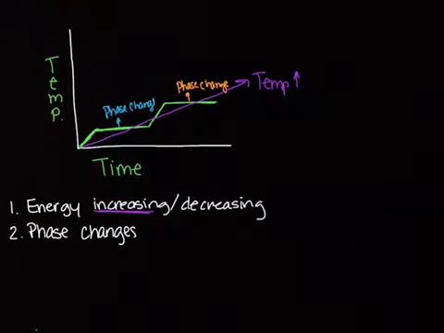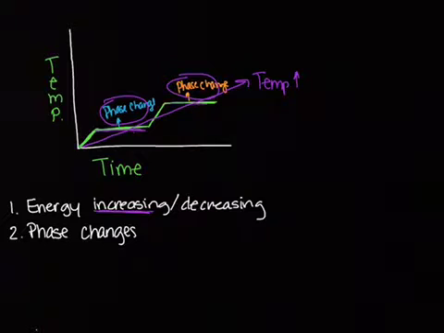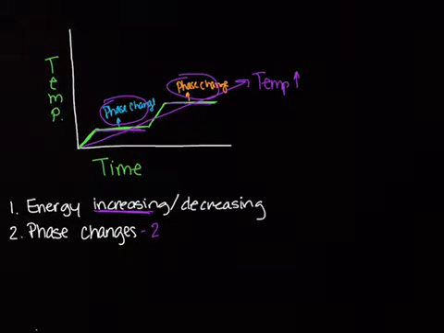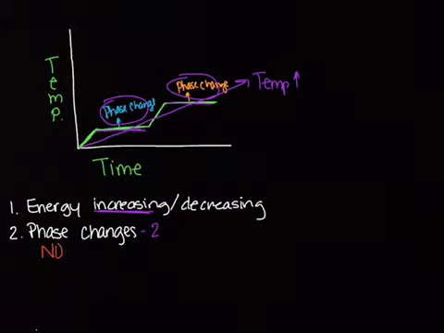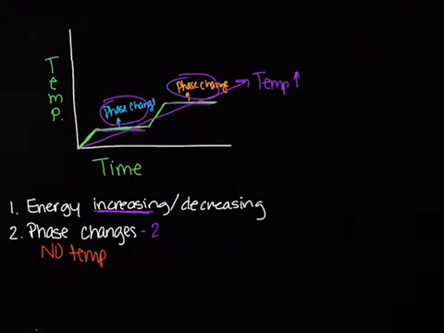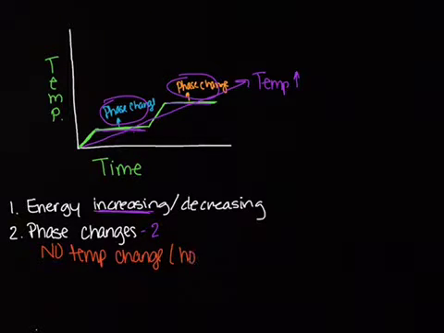And so in this particular case, we have a phase change here and a phase change here, indicated by the horizontal lines. And so in this case, we have two phase changes. And so remember, during a phase change, there is no temperature change. And that gets indicated by a horizontal line.